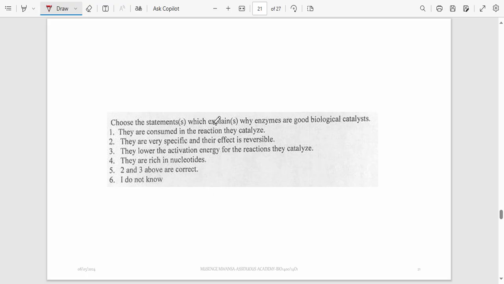Choose the statement or statements which explain why enzymes are good biological catalysts. They are consumed in the reaction they catalyze. They are very specific and their effect is reversible. They lower the activation energy for the reactions they catalyze. They are rich in nucleotides. 2 and 3 are correct. Which one would you pick?